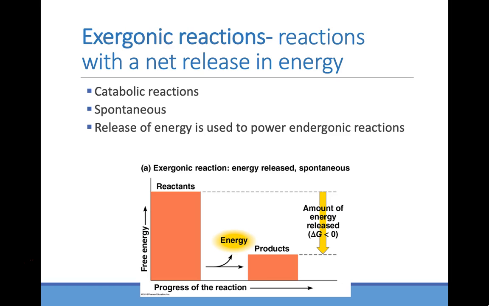Spontaneous doesn't necessarily mean quick, as we would normally use the word spontaneous. In this case, when we're referring to reactions and reaction rates, spontaneous means that the reaction goes without an input of external energy. So exergonic reactions release energy but do not require an input of energy to go to completion.